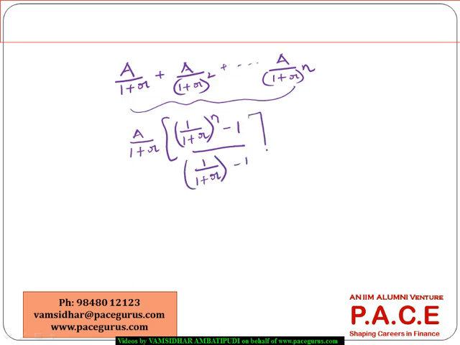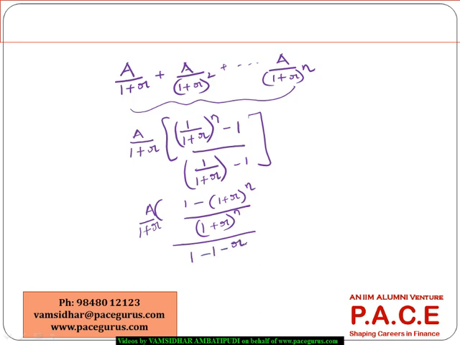The common ratio is 1 by 1 plus R. So just a simplification: A by 1 plus R, times 1 minus 1 by (1 plus R) to the power n, divided by 1 minus 1 by 1 plus R.